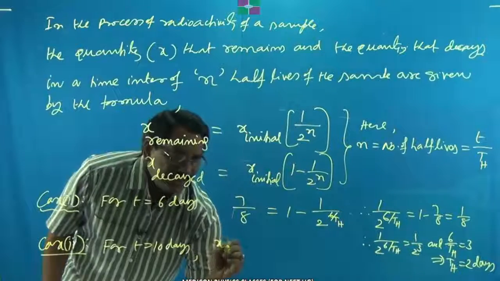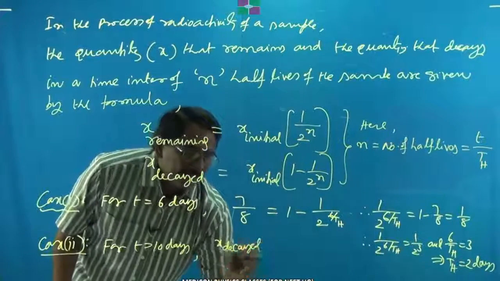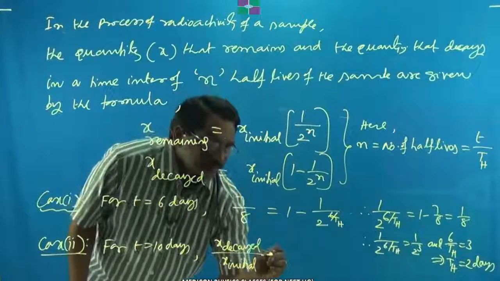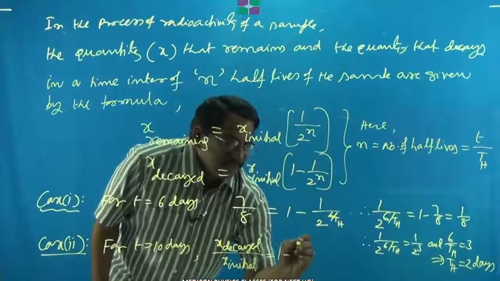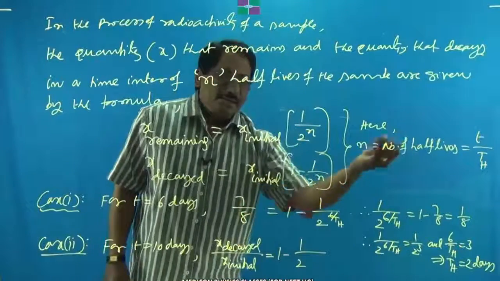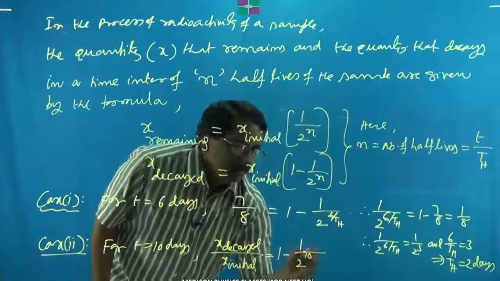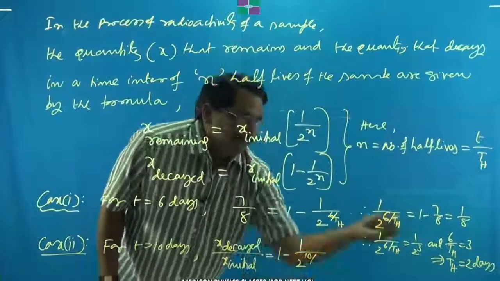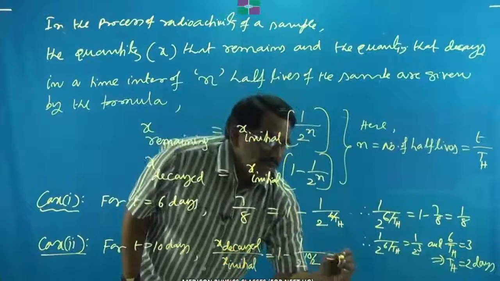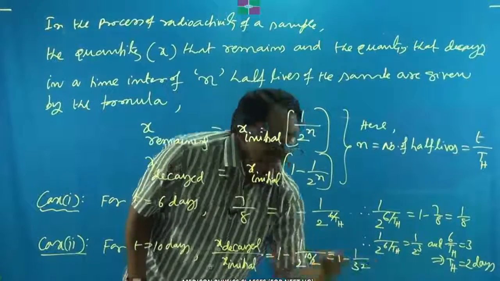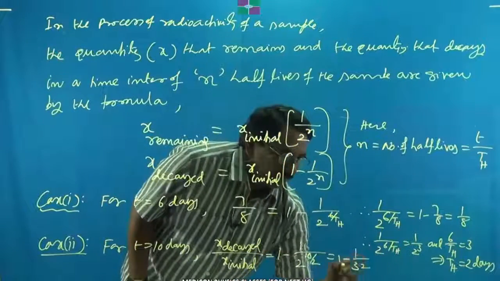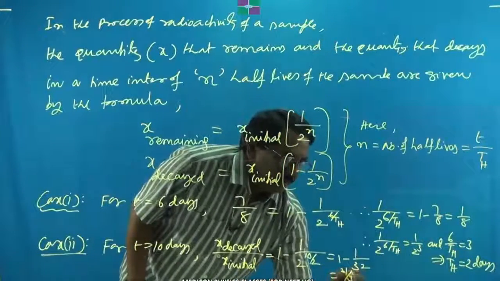So X decayed divided by X initial for t equal to 10 days is 1 minus 1 by 2 power n, where n is t by th, that is 10 days divided by the half-life we got as 2 days. So 1 by 2 power 5, that is 1 minus 1 by 32, since 2 power 5 is 32. So this is equal to 31 by 32.